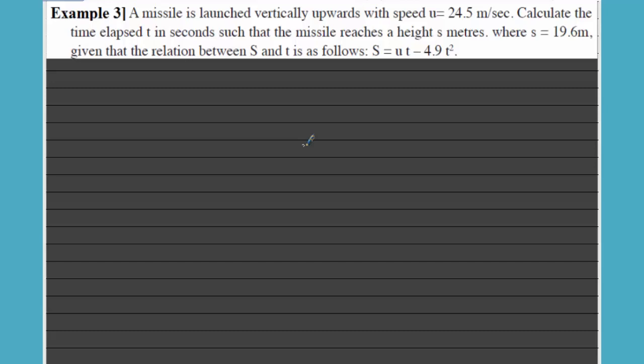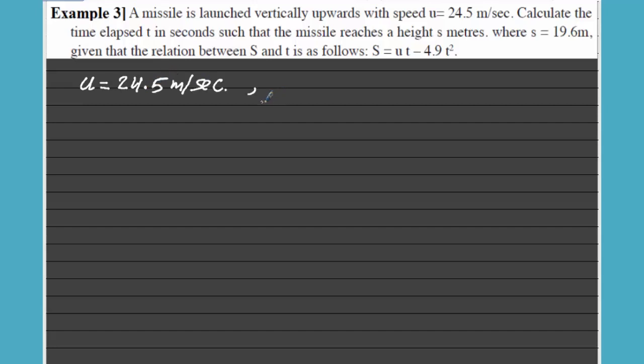Example 3: a missile is launched vertically upwards with speed u equals 24.5 meters per second. So it is the first given, u equals 24.5 meters per second.